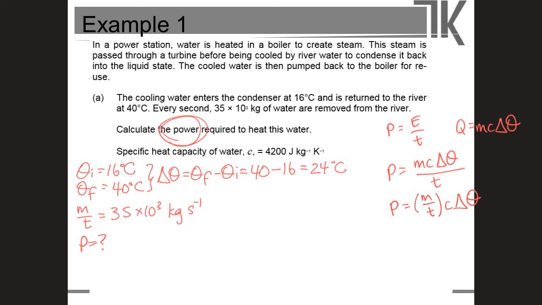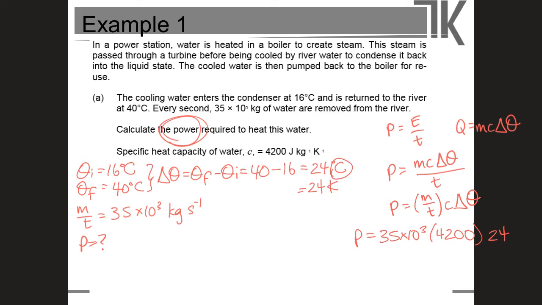So then we could plug our numbers in, and we've got power equals our rate, which is 35 times 10 to the 3 kilograms per second, times our specific heat capacity of 4,200 joules per kilogram per Kelvin, times our change in temperature of 24 degrees Celsius. Notice that it's a change in temperature, so this degrees Celsius is also equivalent to 24 Kelvin.